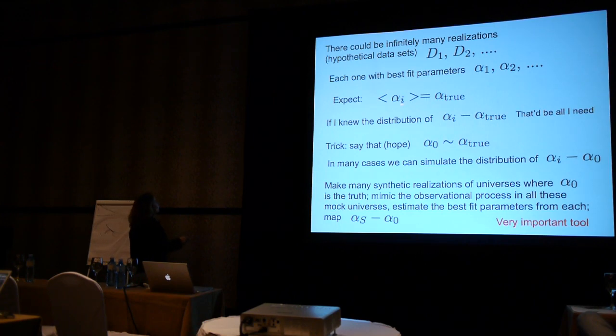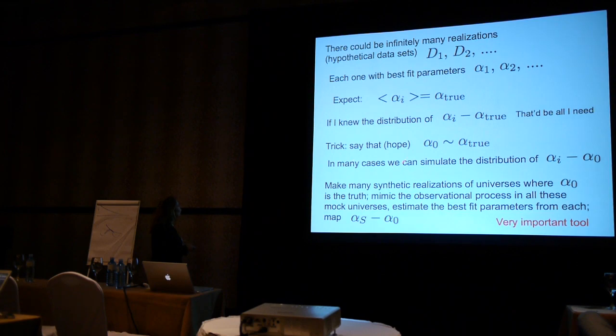So if you knew the distribution of your alpha i for all these infinitely many hypothetical data sets minus alpha true, that'll be all you need. Right? But that you cannot know.